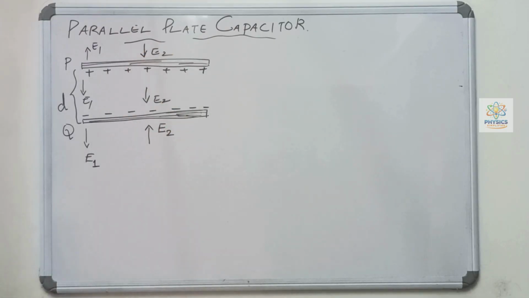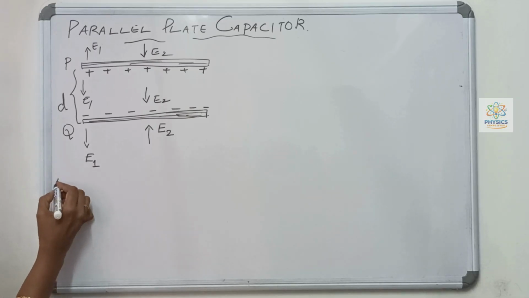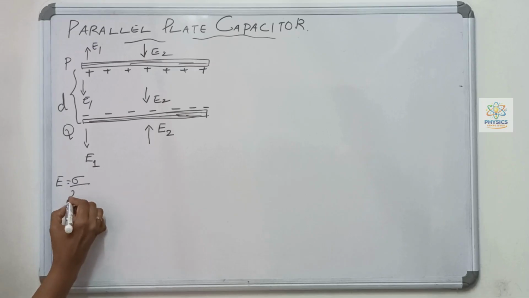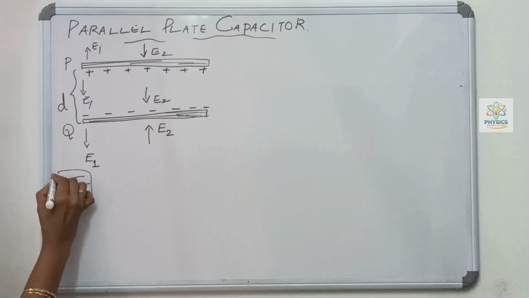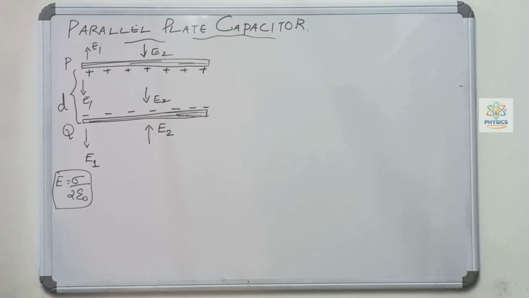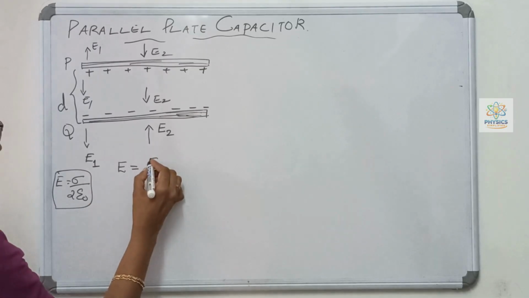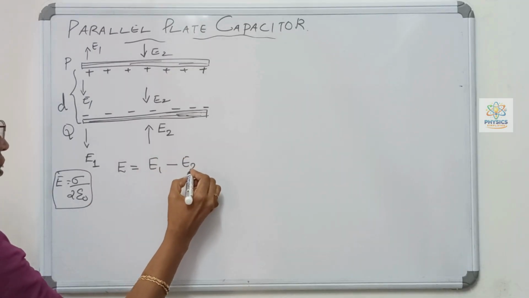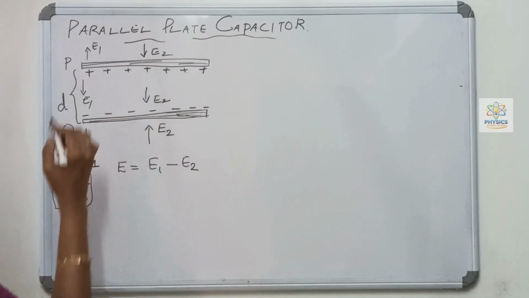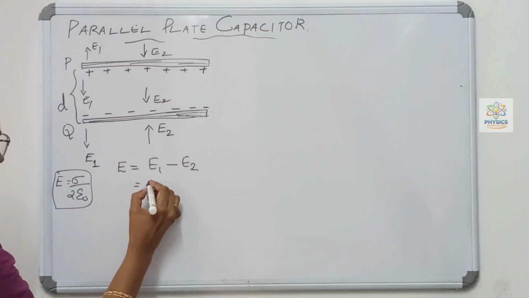We know the electric field intensity due to a plane sheet. The equation is E is equal to sigma by 2 epsilon 0. Here we first calculate the electric field intensity in the outer region of the first plate, which is P. The resultant electric field E is equal to E1 minus E2, because both are in opposite directions.